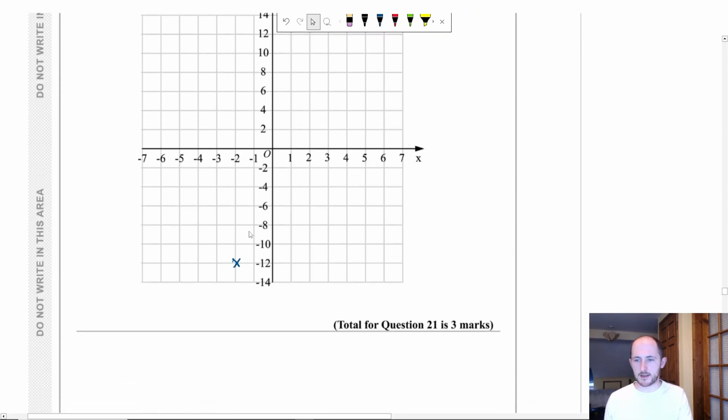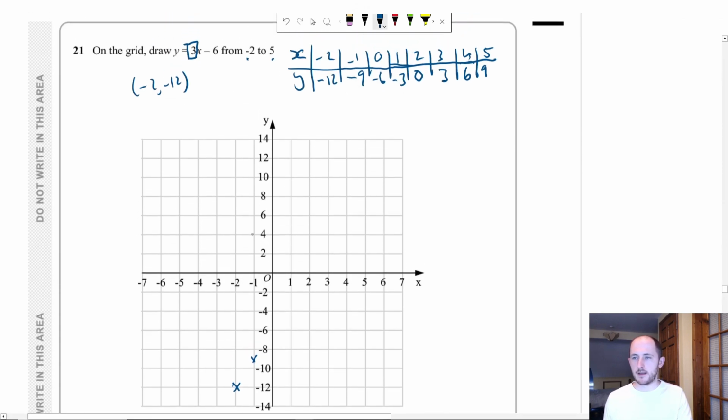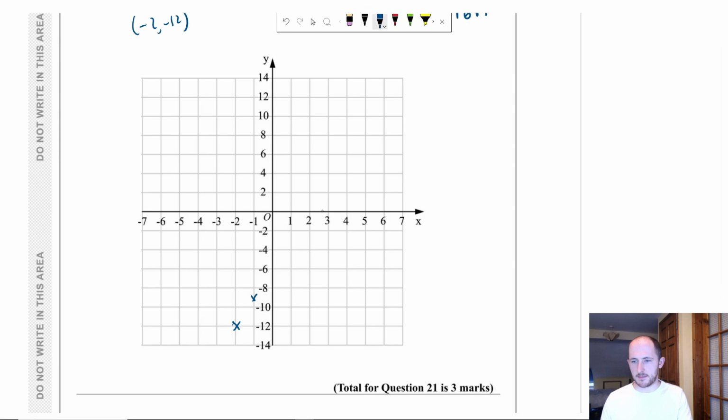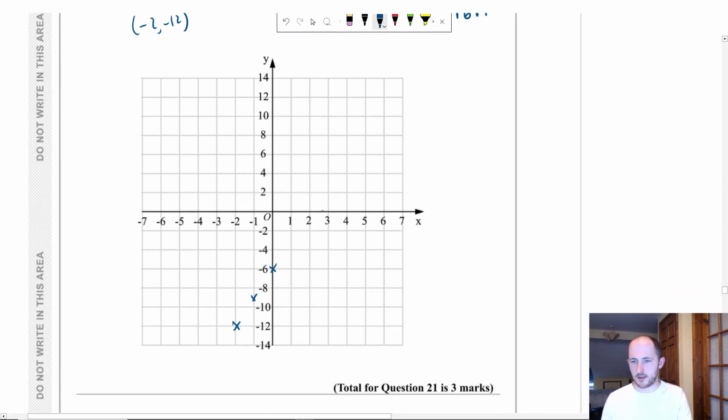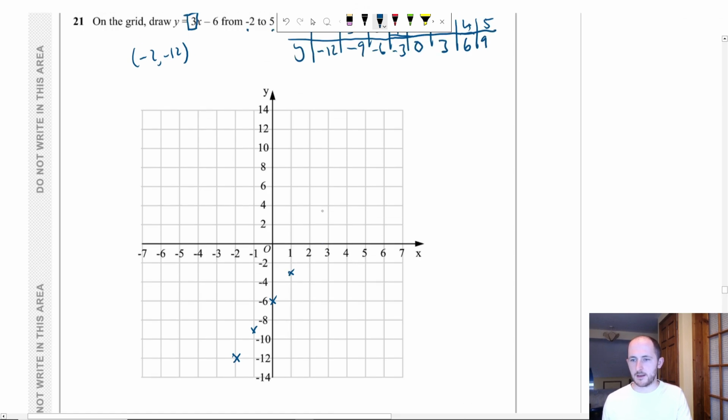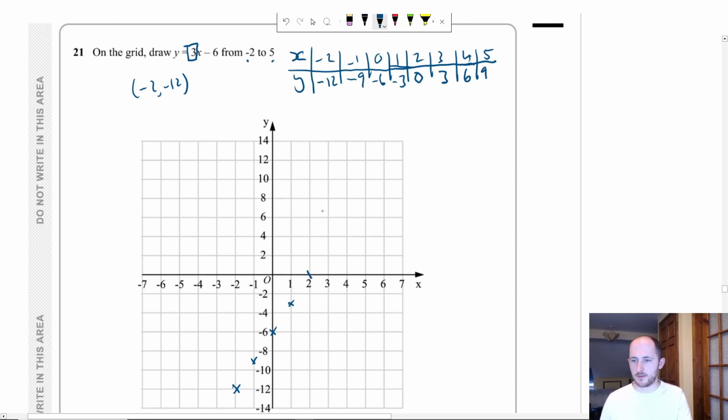So minus 1, minus 9 will be halfway between minus 8 and minus 10, so do that. 0 and minus 6, keep going. 1 and minus 3. 2 and 0. 3 and 3. 4 and 6. 5 and 9. And as you can see, they make a nice straight line.